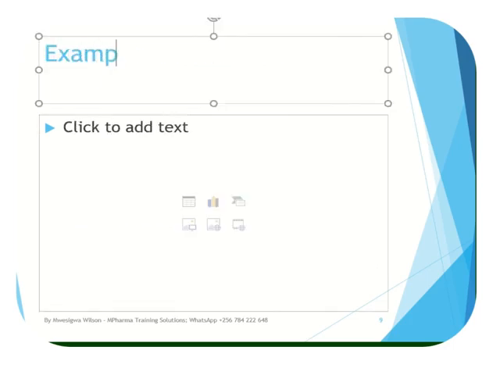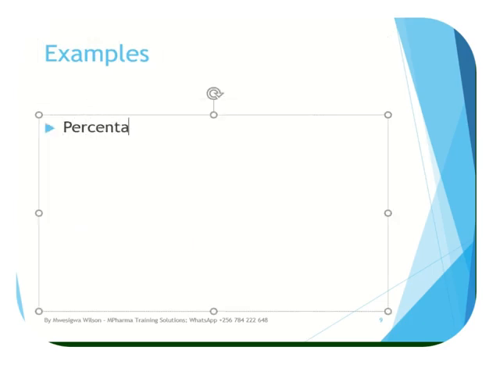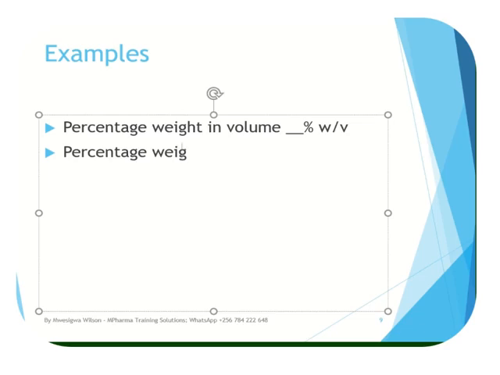These are the examples, as you can see. So we're having percentage weight in volume, or just written by that statement, percent weight in volume. The other one is percentage weight in weight, written by that abbreviation.